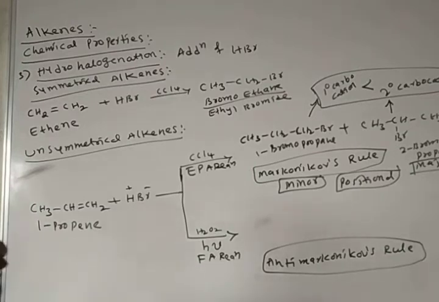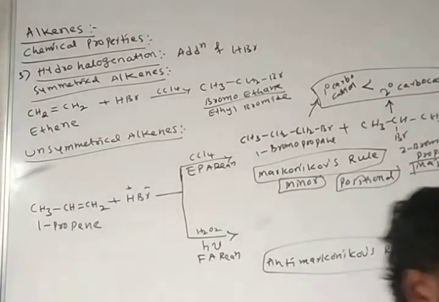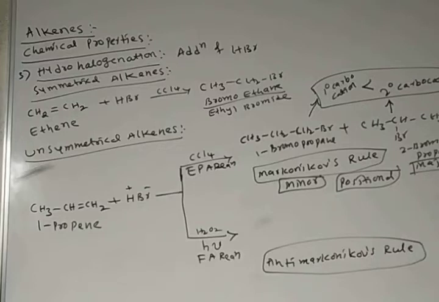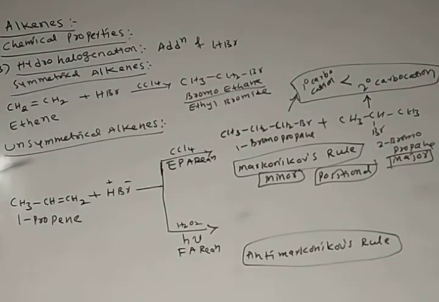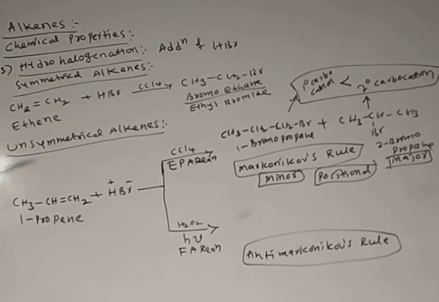Next, in continuation, we will see one more important rule, the anti-Markovnikov rule. What is the anti-Markovnikov rule? The negative part of the reagent should be attached to the carbon which has more hydrogen atoms.